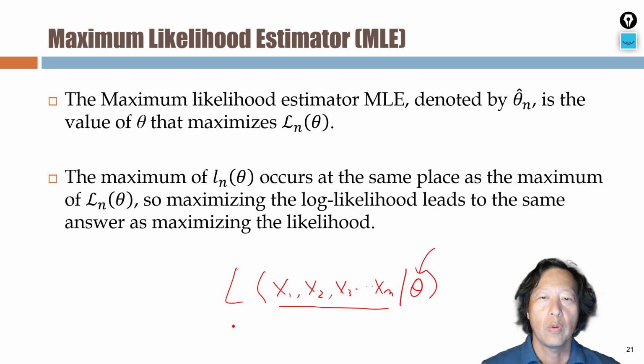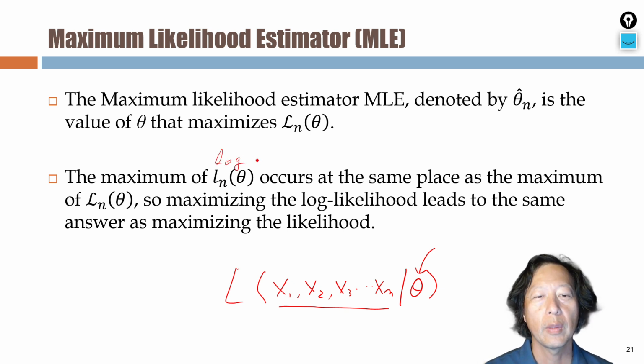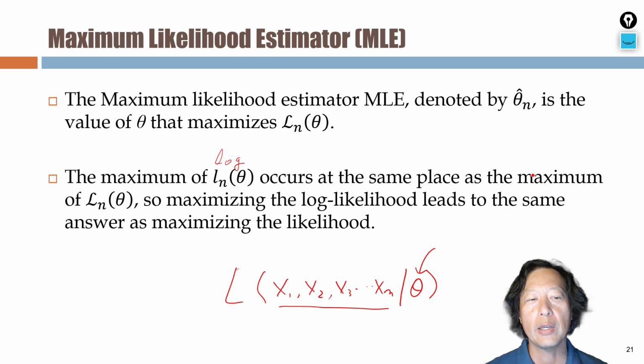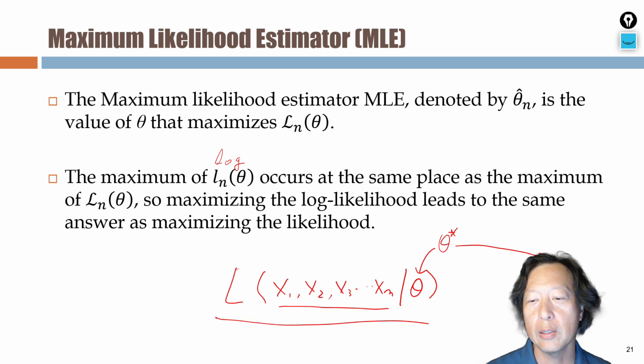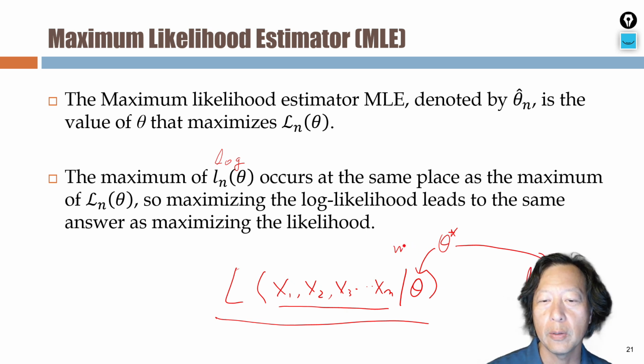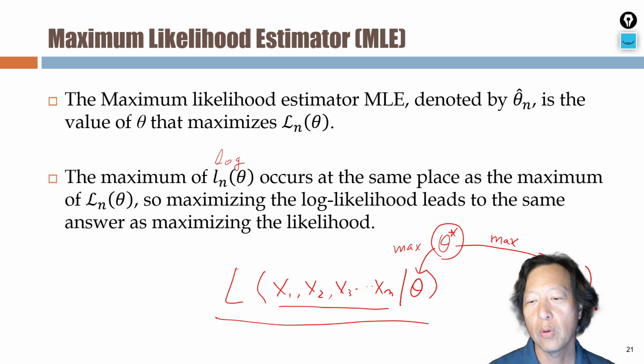So we talk about the log likelihood. The maximum of the log likelihood occurs at the same place as the maximum likelihood. Even though we apply the log, I want to find the theta that maximizes this function, and this theta will also maximize the log likelihood.